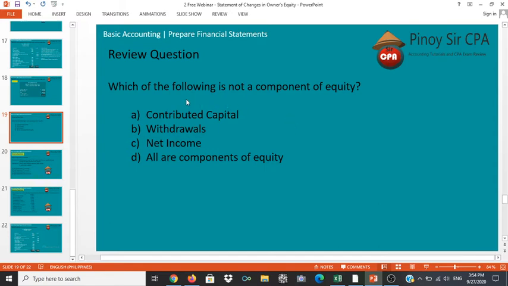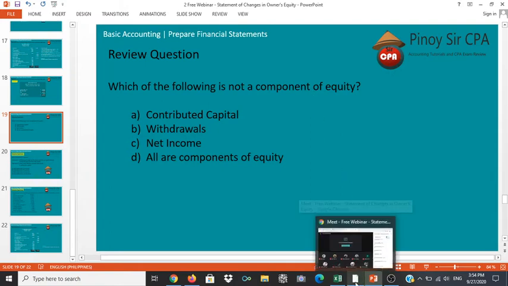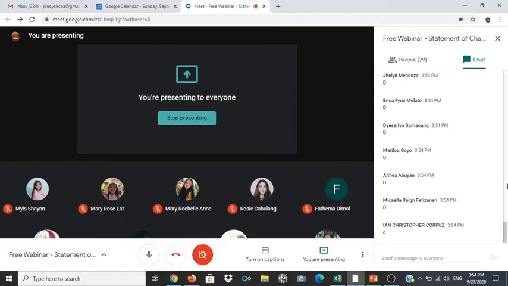So, just answer. Just comment on the chat box. Which of the following is not a component of equity? A. Contributed capital. B. Withdrawals. C. Net income. D. All are components of equity. Alin daw ang hindi component ng equity? Letter? Do you have your answer? D po. Very good.